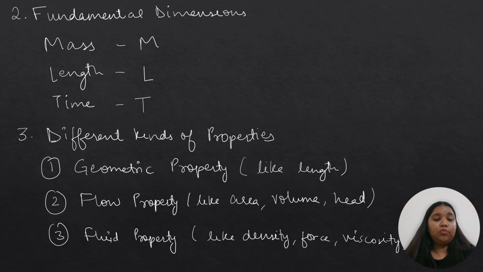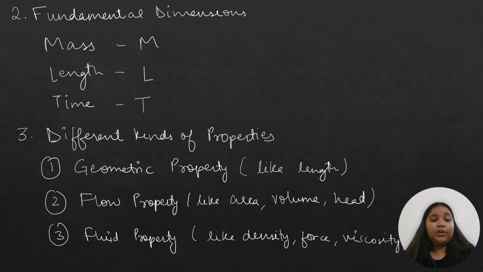Then second is the flow property. For flow property, there are examples like area, volume, head, and then velocity, acceleration, angular velocity, angular acceleration. For area, the dimensions are L square, volume it's L cube, head it's L, velocity LT minus 1, and like that.